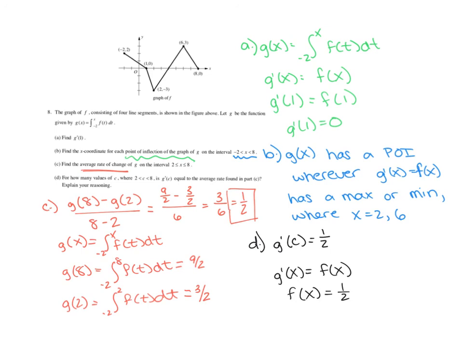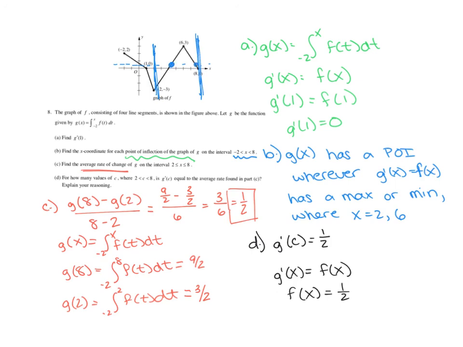1/2 is somewhere about here. And we're looking just on the interval 2 to 8. So the question is, how many times is f of x equal to 1/2? Twice.